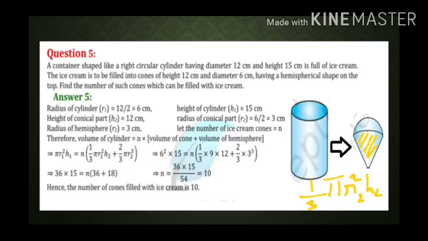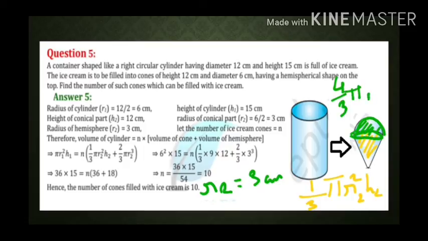Okay. Now for the hemispherical part, the radius of this hemisphere and the radius of this cone are the same. So you can consider the radius is r2 and it will be 3 centimeter. So the volume of this green portion will be 4 by 3 pi r2 cube, but it is a hemisphere, so it will be 2 by 3 pi r2 cube. Okay.